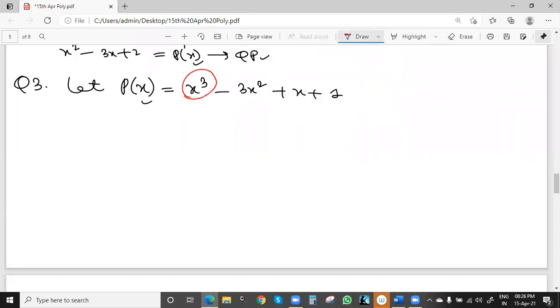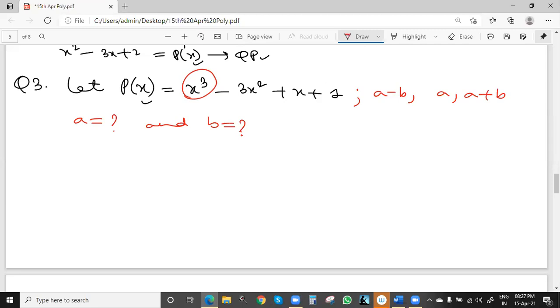So basically we have three zeros, and the zeros values are given: a minus b, a and a plus b. We have to find the a and b values: a equal to question mark and b equal to question mark. What are the values of a and b?